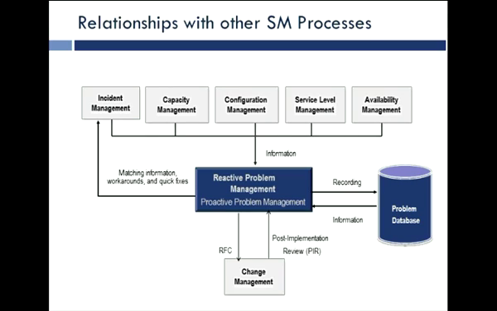Now, the proactive side is going to be much more focused on providing information to processes within service design. And here's kind of where we're going to be going from here. When we look at reactive problem management, it's mostly in service operations. We wait for the incident to occur, we do some trend analysis, we put something into transition, and then it loops back to operations.